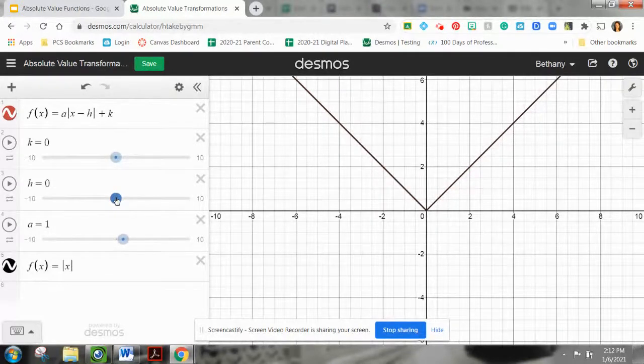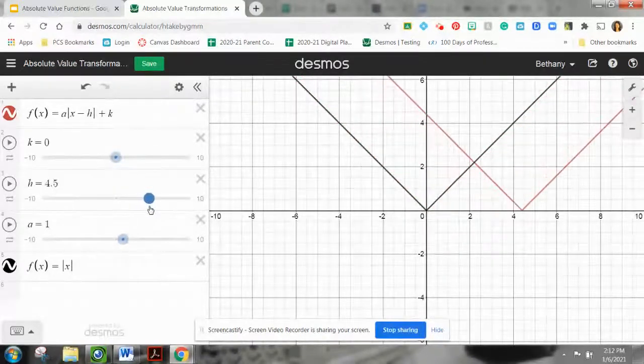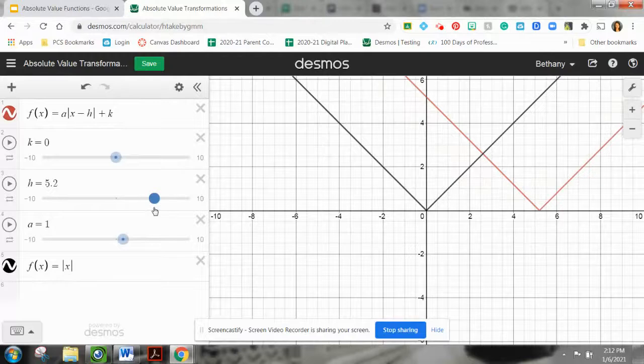Well, if h is a positive number, it's moving us to the right. So x minus 5.2. So technically, right now, because this form is x minus h, and h is positive 5.2, it's the opposite of what I would see in my function.